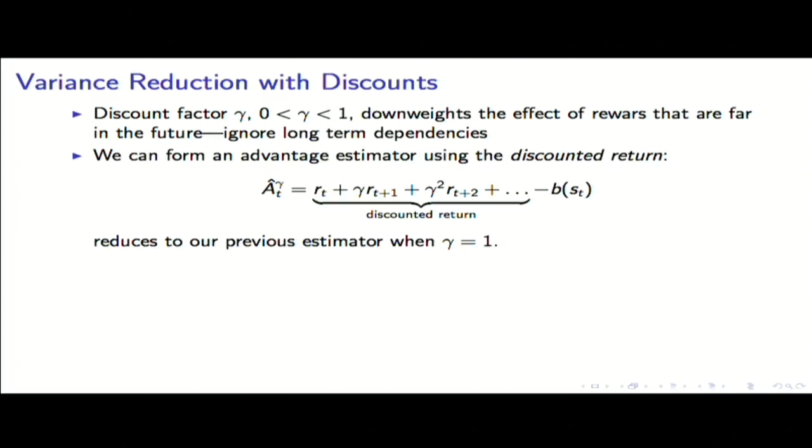You're just assuming that they're not affected by the current action. So you're assuming that if I take an action at time t, it's not going to affect the reward at time t plus 1,000. That whatever effect it had is going to be washed out by everything that happens subsequently. And in some cases that's true, and in some cases it's false.